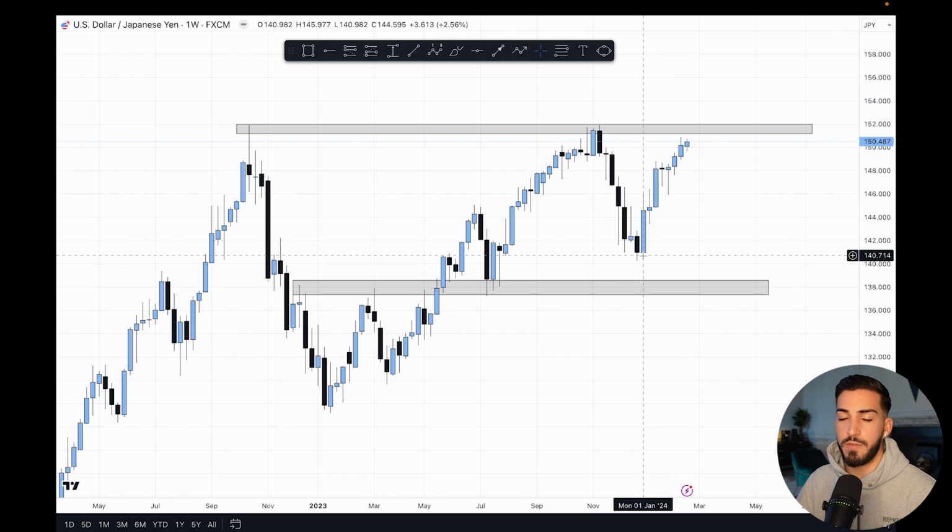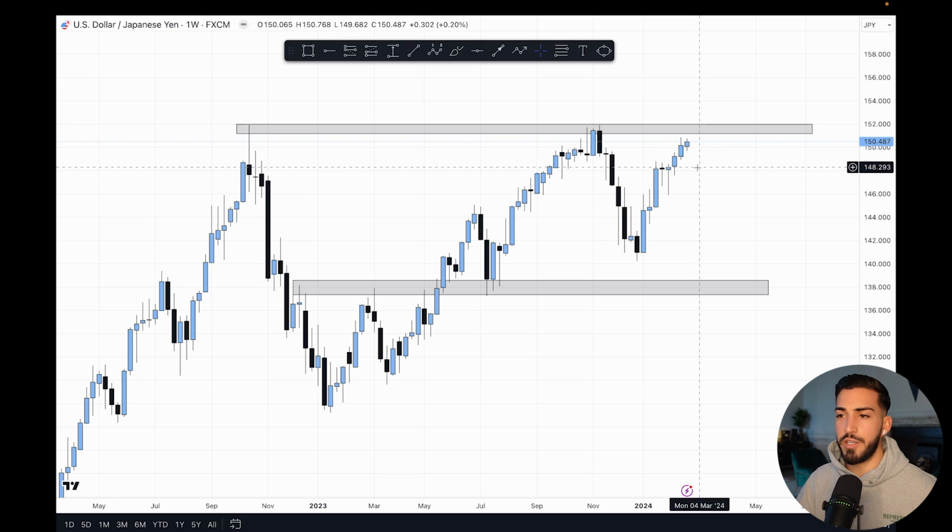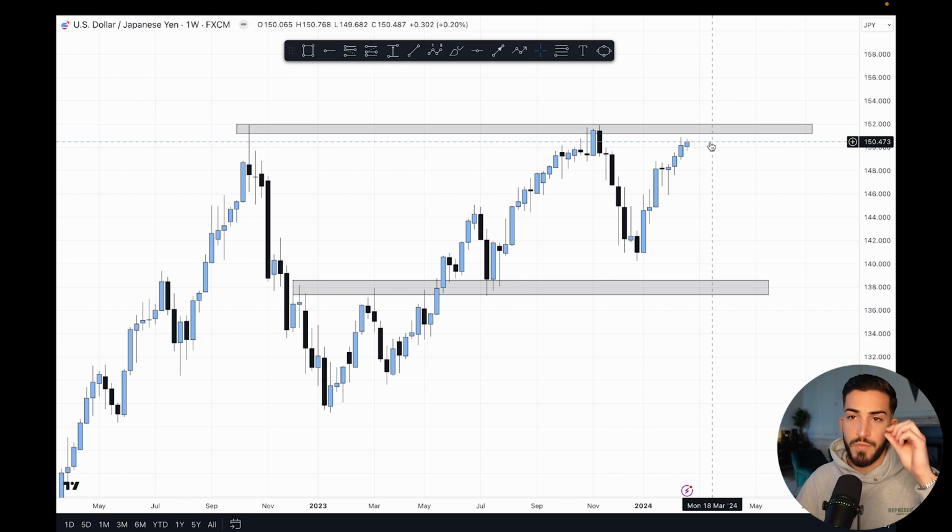All this did was form a higher low and continue with that bullish momentum to the upside. So that's the main thing I look at on this higher time frame: where is price looking to go? What levels are buyers looking to achieve and take their profits at? For me, looking at this straight away, I'm screaming that I want to be a buyer in this market, targeting this high point up here, where sell orders are.